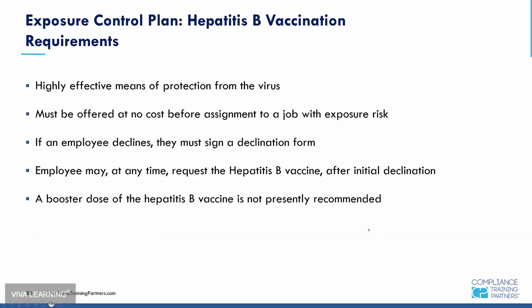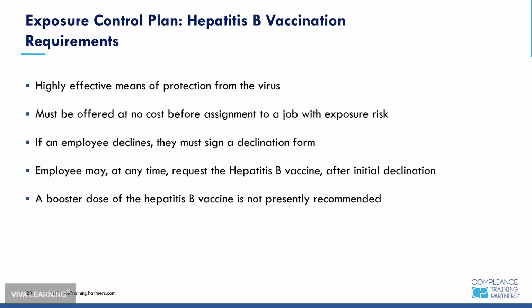Now, here are some of the exposure control plan requirements. You need to have this information in your exposure control plan, and you need to, of course, not only offer this immunization to employees at no cost, but if an employee declines, they say they don't want it, and that's most likely what's going to happen, because they've already had it, you've got to have them sign a declination form.